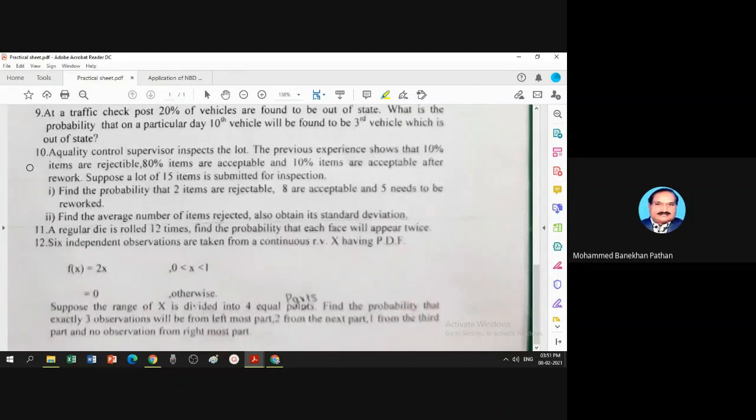Basically, if you study any one random variable from multinomial, that particular random variable is a binomial, that I taught in your theory class. Now, let us see how to solve this question.